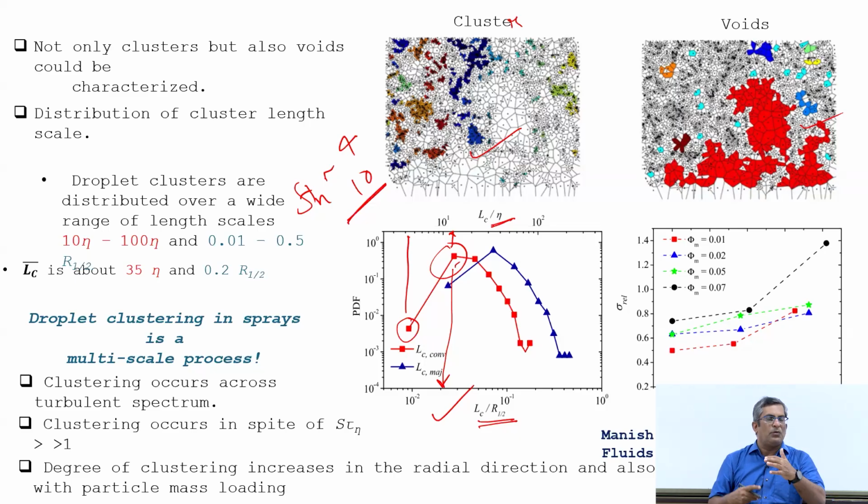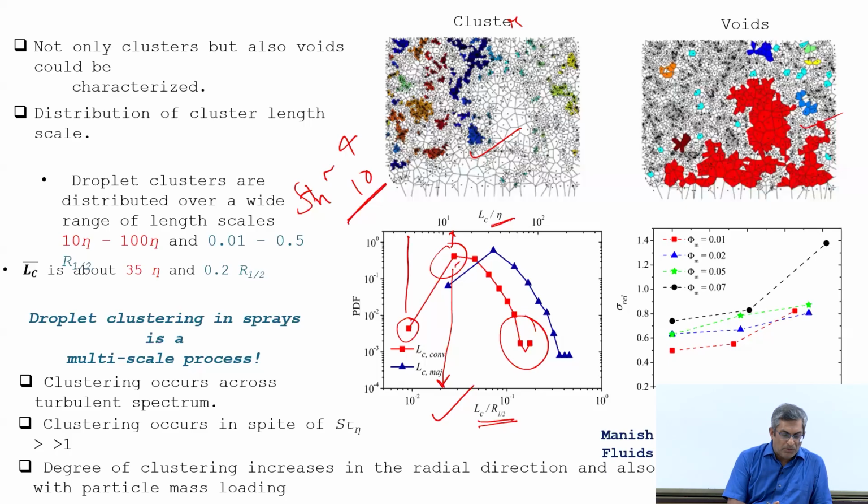But still the influence of small scale EDs is there. But you still see droplets which are also scaling with the large EDs. So, this means that you have large scale clusters present also. Their number, their probability may be less, but they are present.